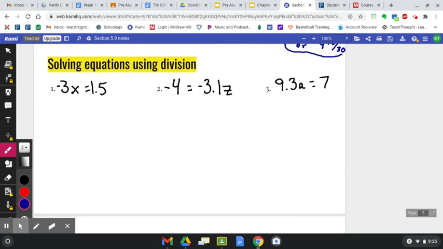Now, using division to solve, that means that my variable is going to be multiplied by some value. And so to solve it, I'm going to be using division, right? So if I look at number 1, this is negative 3 times a variable. So I'm going to divide.